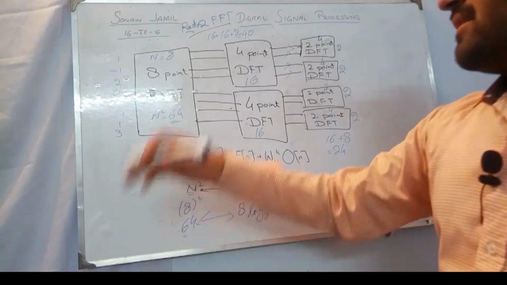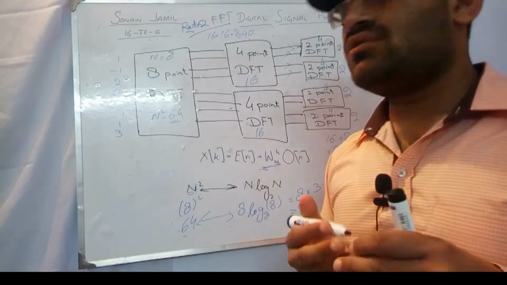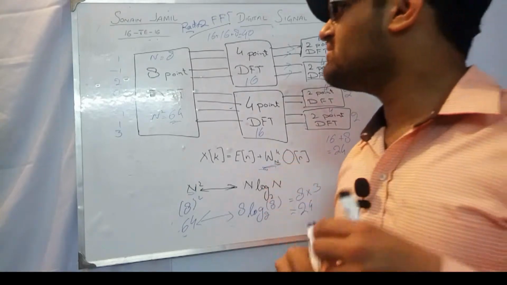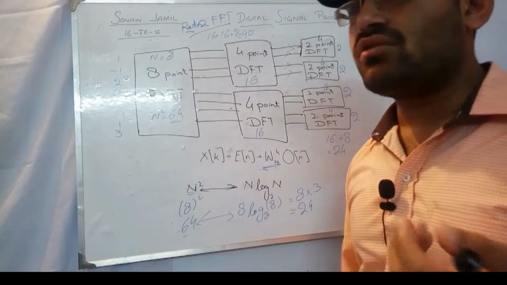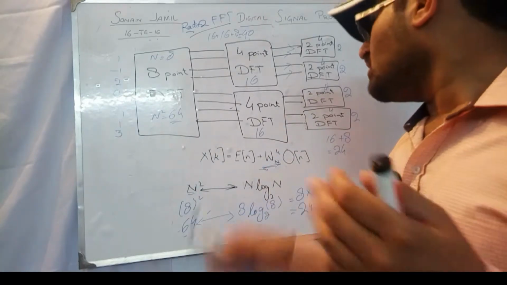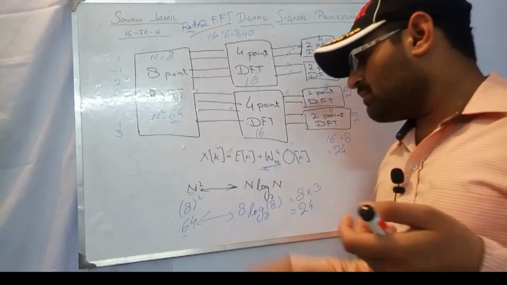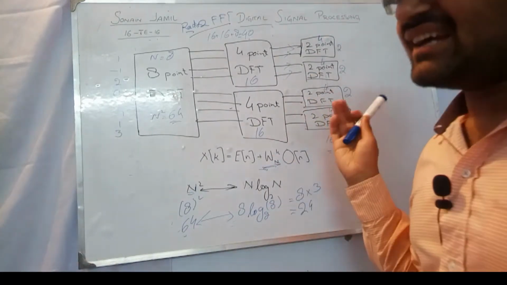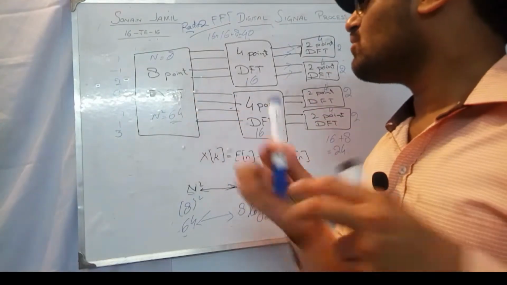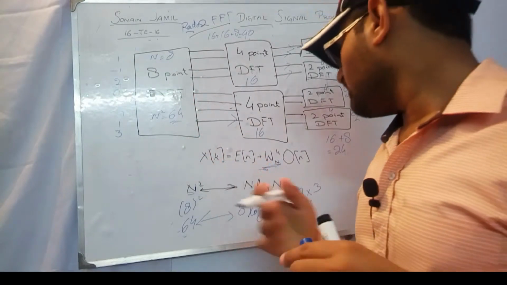So 64 will take a lot of time to process, and the processor will take much time, much power, and it will be costly, it will be very slow. So instead of doing 64 multiplications, if we have just 24, so it is cost effective, fast than this 64.